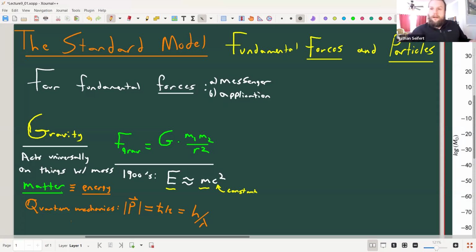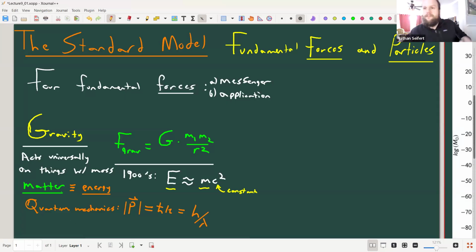Light bends around space. Let me see if I can find a picture of it. We can show that gravity affects light directly because you can observe it in space. It's called gravitational lensing. Let me show this picture.